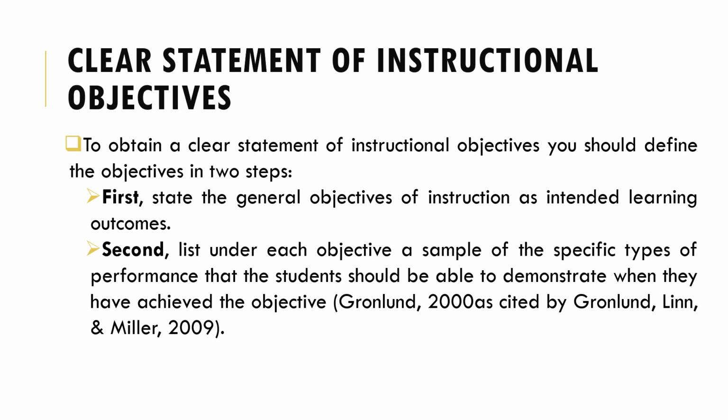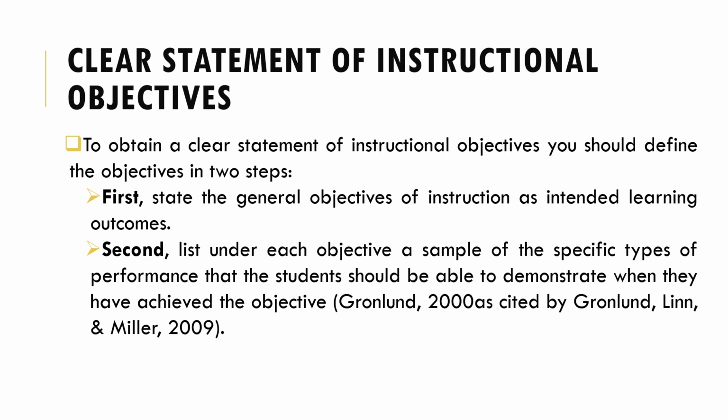So again, for us really to have a clear statement of instructional objectives, you have first to state the general objectives, and right after that, you consider the general objectives as intended learning outcomes, and after that, you have to specify.